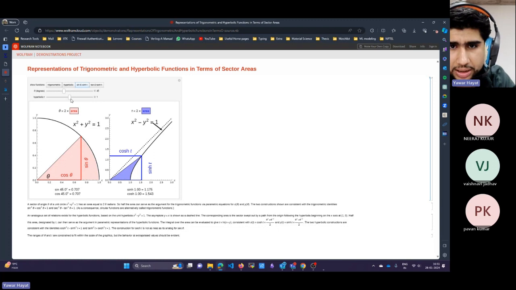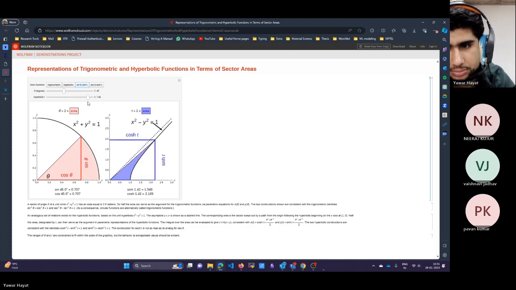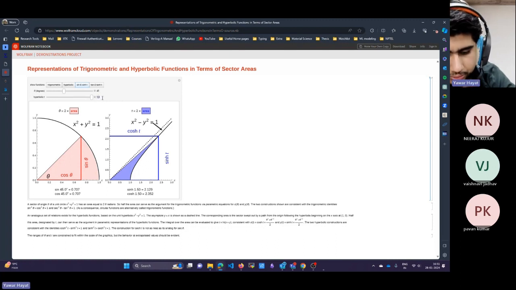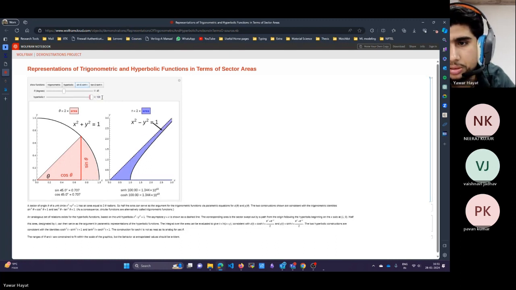And similarly, for hyperbolic functions, if we change the value of this t, the argument of the hyperbolic functions, this traces out the unit hyperbola.